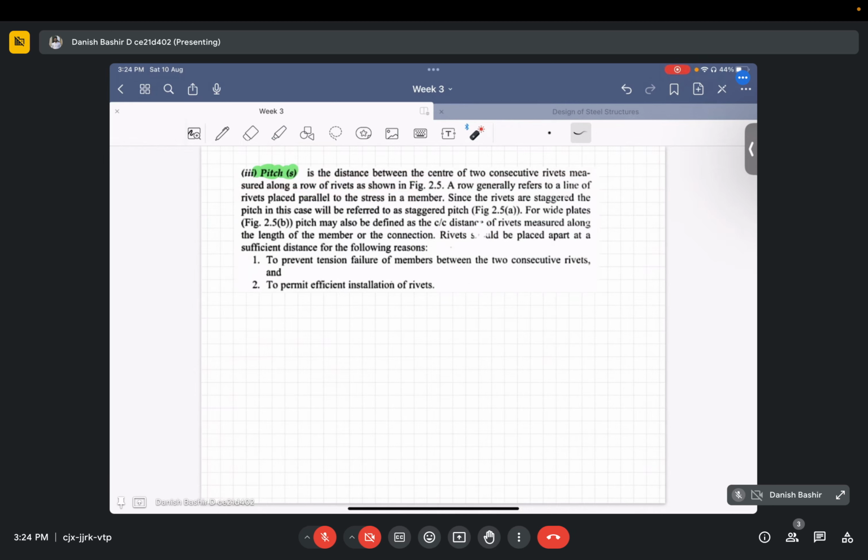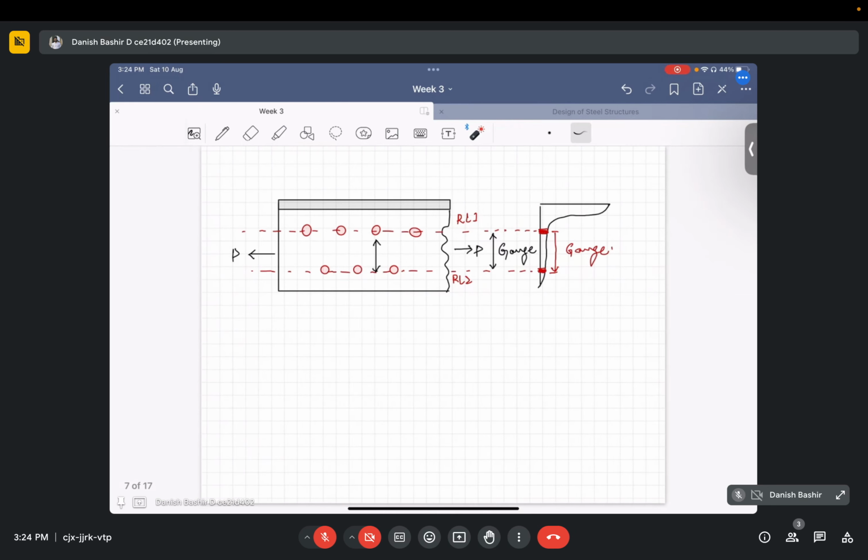So if we see a row of the rivets, this is the row of rivets.